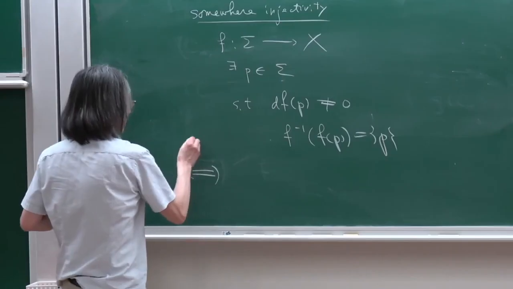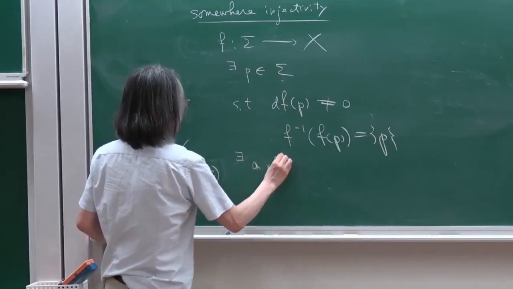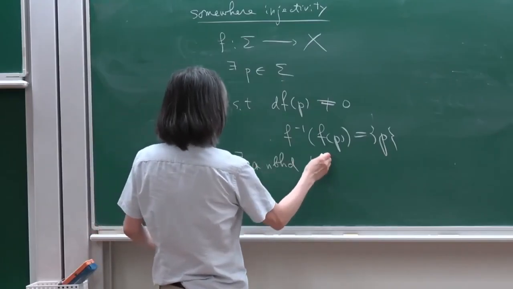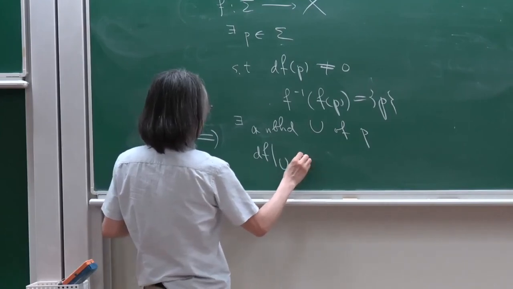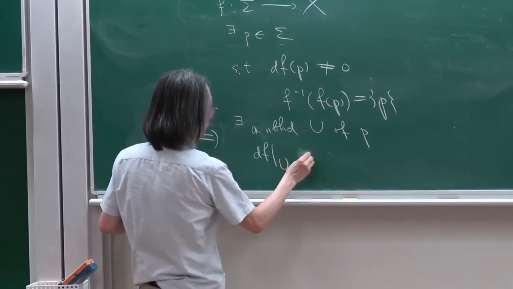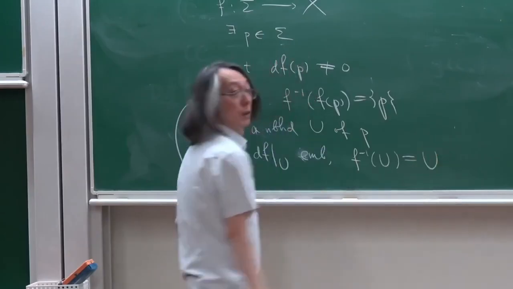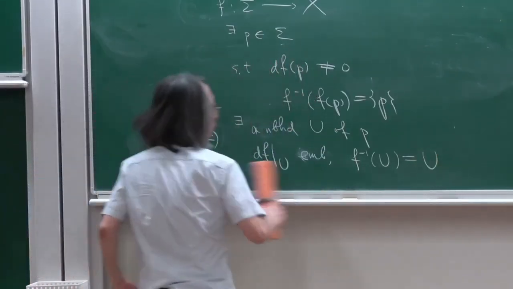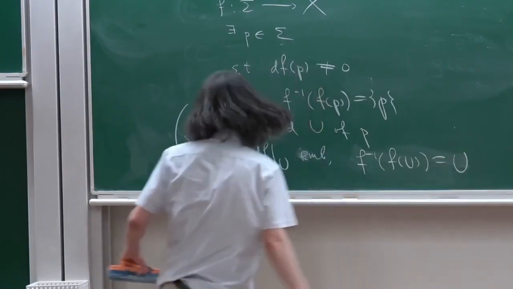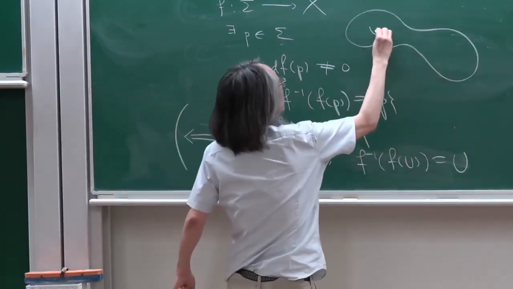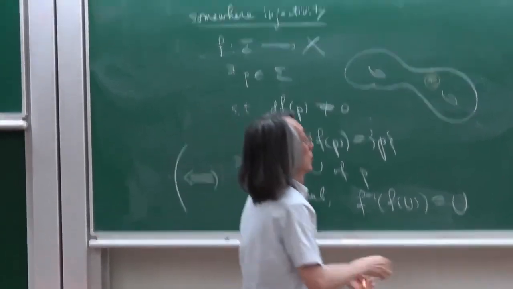And this condition is equivalent to saying that there is a neighborhood U of P, so that df restricted to U is an immersion, maybe embedding, and F inverse of F of U is just U. So you have a surface here, and then you have a certain open subset, and then it is mapped to somewhere.